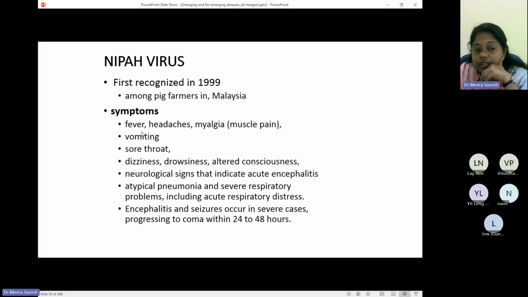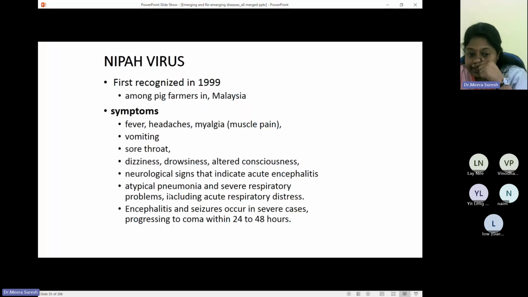So symptoms can be fever, headache, myalgia, vomiting, sore throat, dizziness, drowsiness. But the main problem is brain involvement, when there is acute encephalitis producing neurological signs.